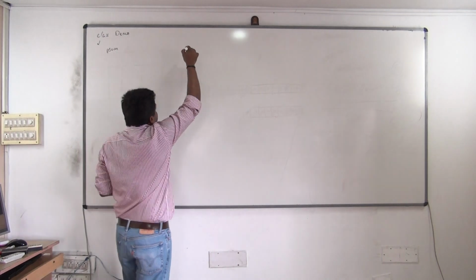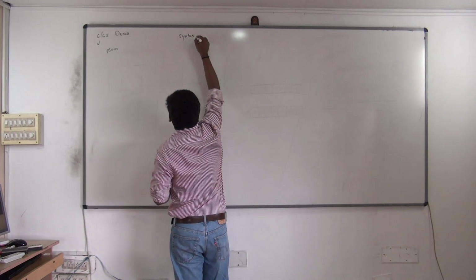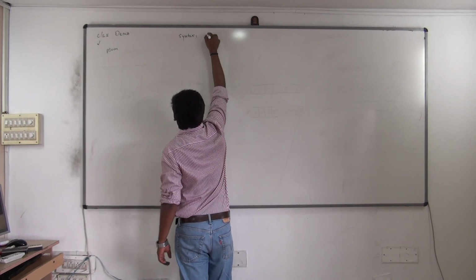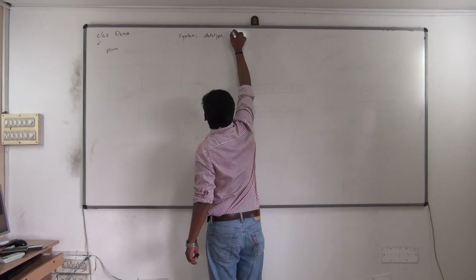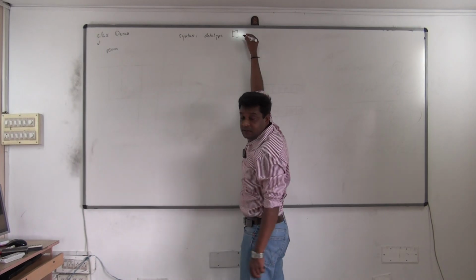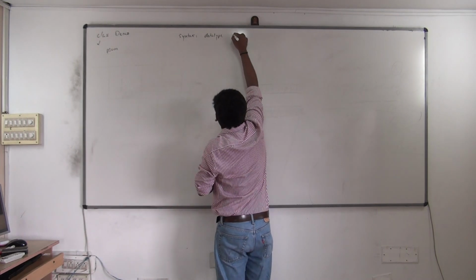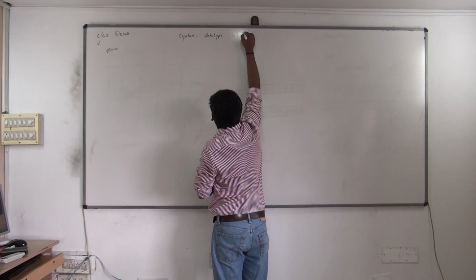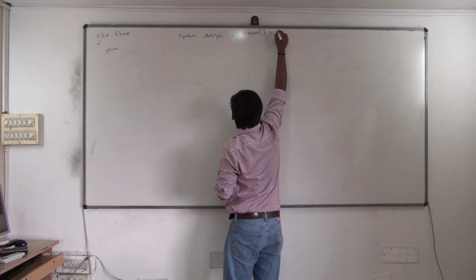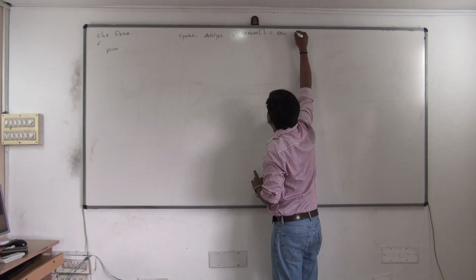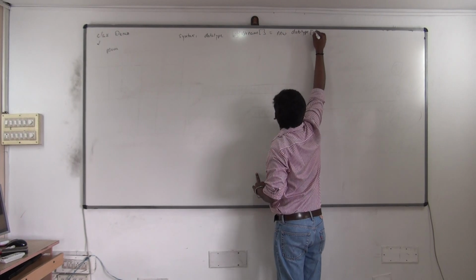See, first I'll write the syntax. Syntax for writing an array is like this. Syntax would be data type, variable name, then use the square braces is equal to new, you have to use again data type, and you have to say size.